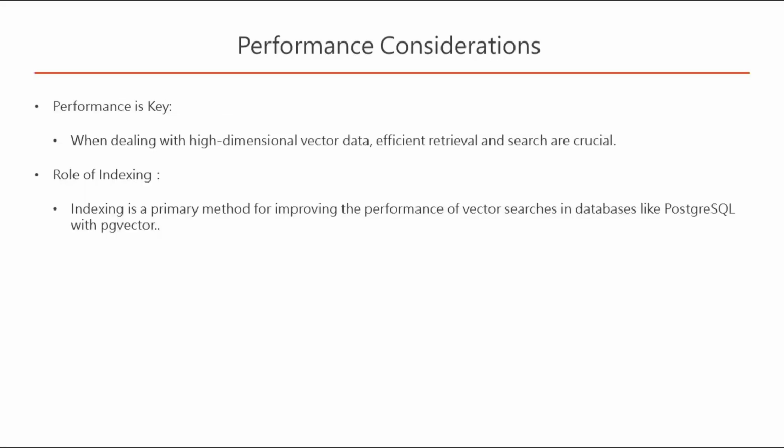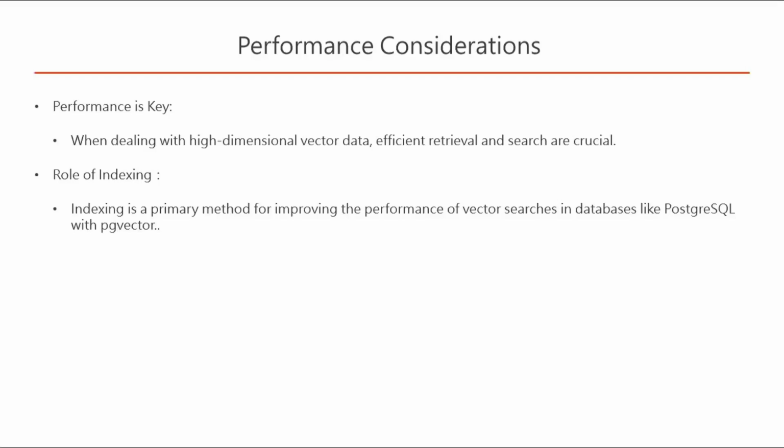So we talk about vectors, and now we will talk about performance considerations. Performance is key. When dealing with high-dimensional vector data, efficient retrieval and search are critical, and this is the role of indexing.